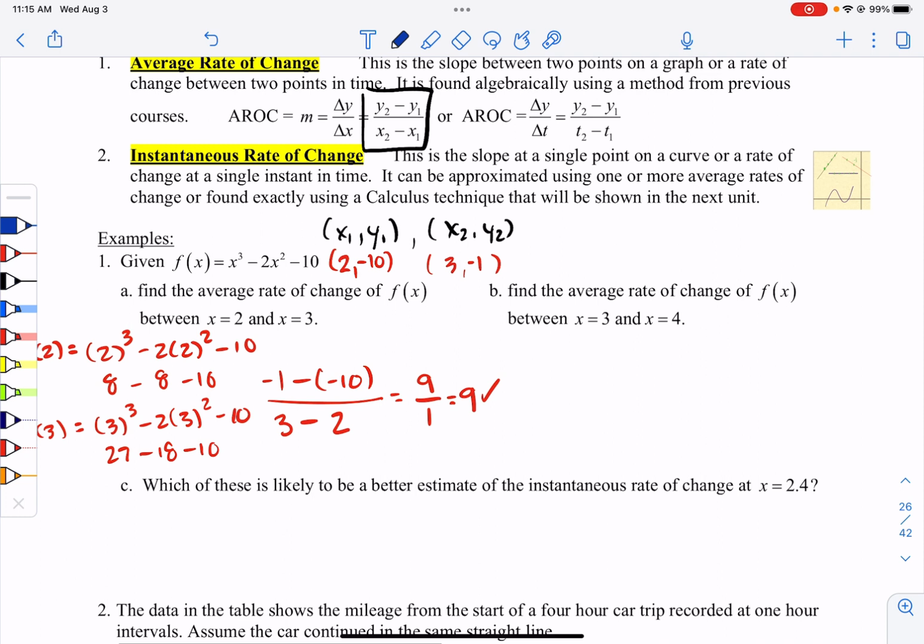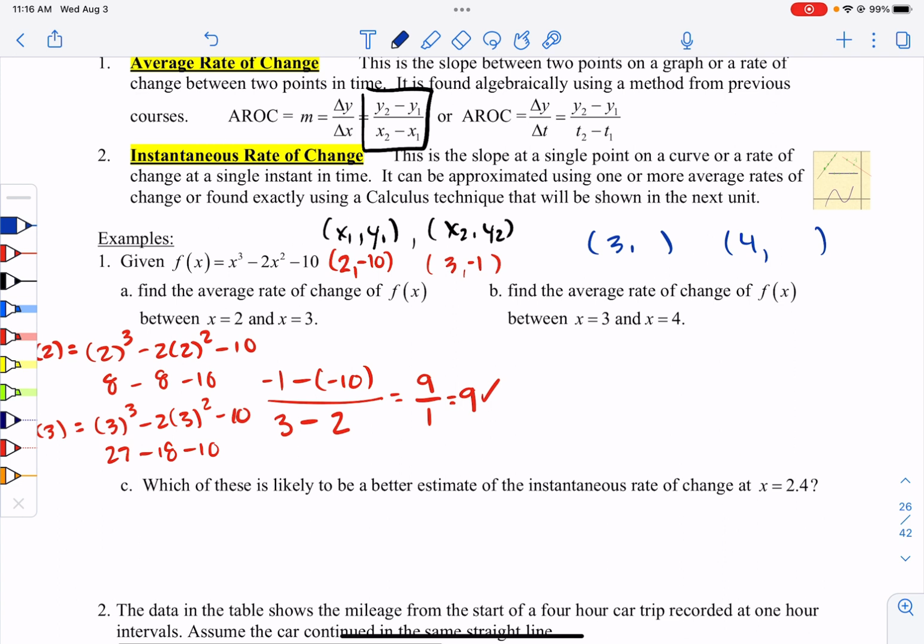For example, part B, find the average rate of change of f of x between x equals 3 and x equals 4. The entire question only wants the average rate of change. So let's plug these numbers into the formula. I still need an x1 and a y1, and my x1 is 3, and an x2 and y2, and my x2 is 4.